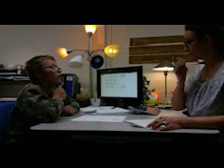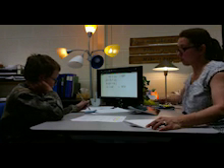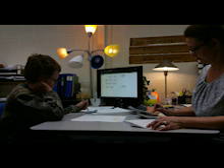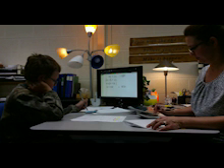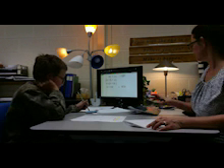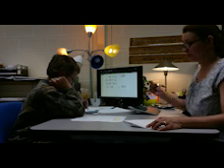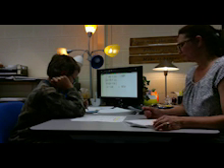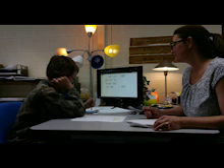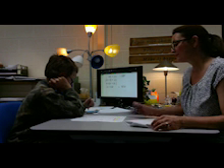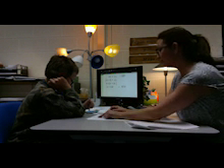This is what you're punching into your calculator.